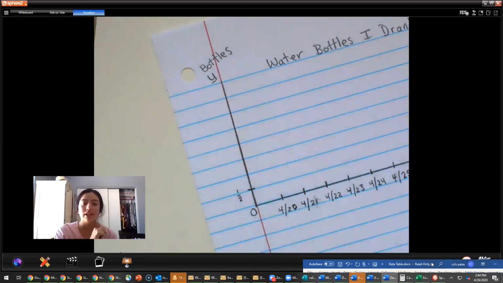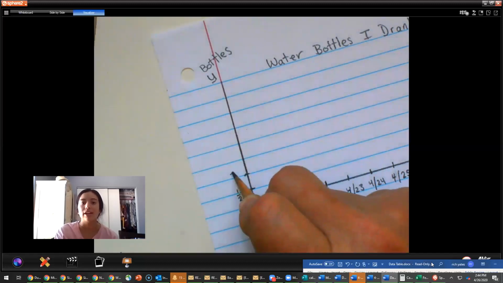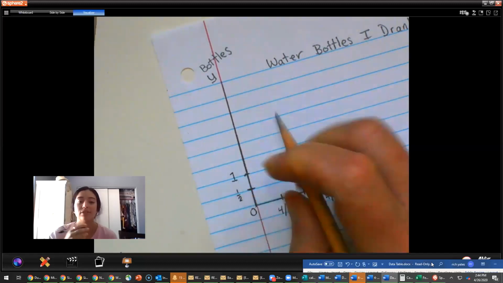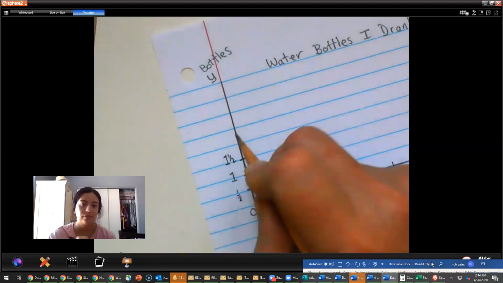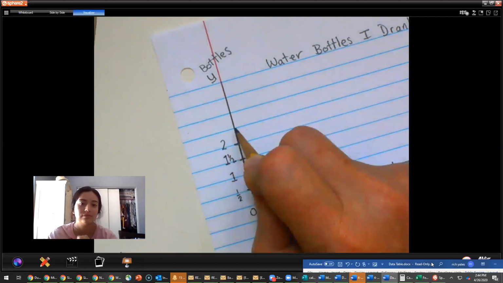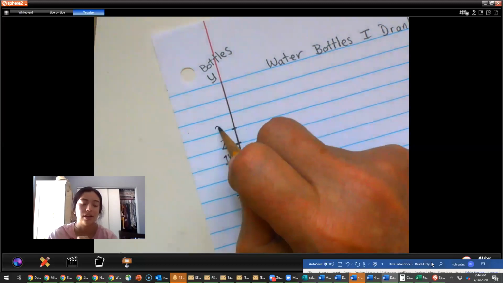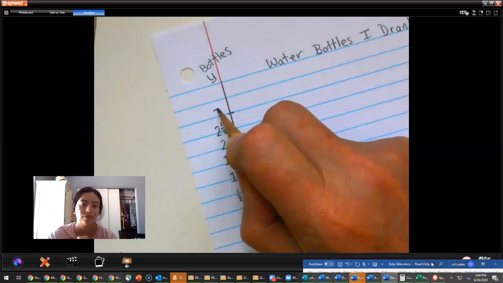And then our next line up, we're going to do 1. We're just going to count by halves. So after 1 comes 1 and 1/2, and then 2, and then 2.5, 3.